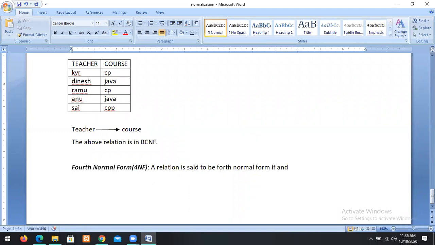in fourth normal form if and only if it is in BCNF and there is no multi-value dependency.